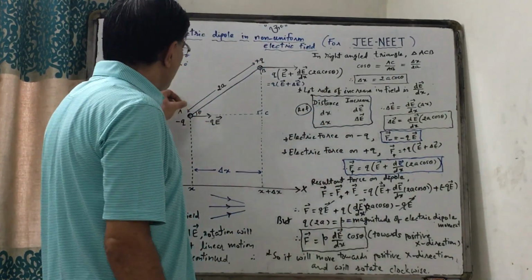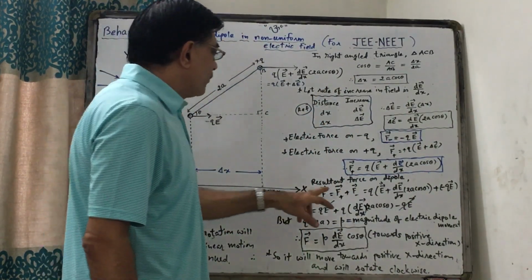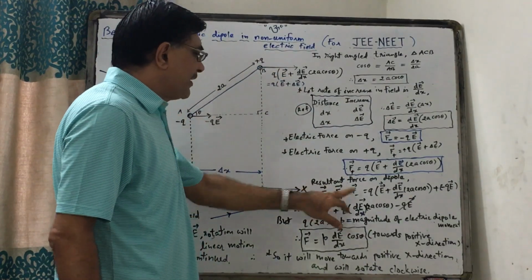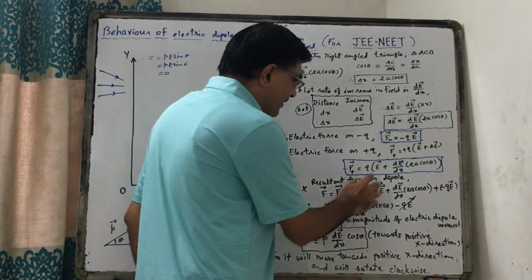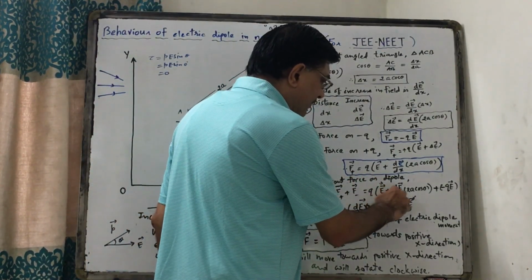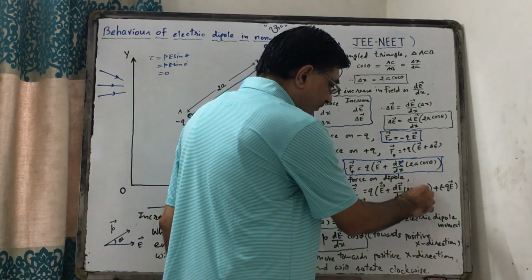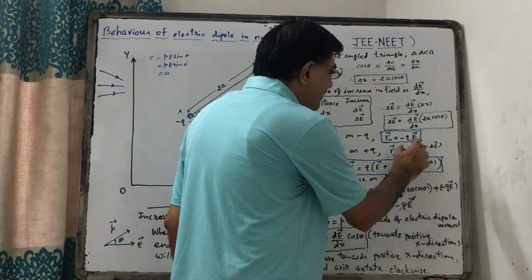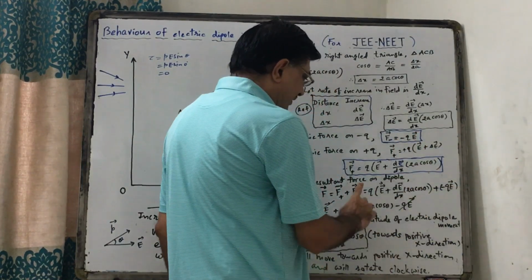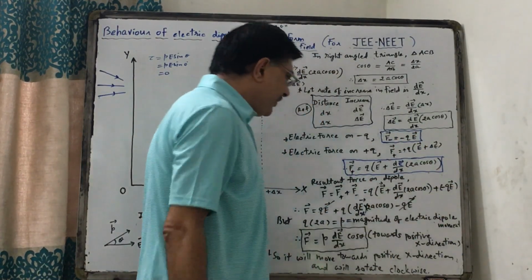So the resultant force on the electric dipole equals force on plus plus force on minus. Force on plus is Q in brackets, vector E plus d vector E by dx into 2a cos theta, bracket completed, plus minus QE for the minus charge.